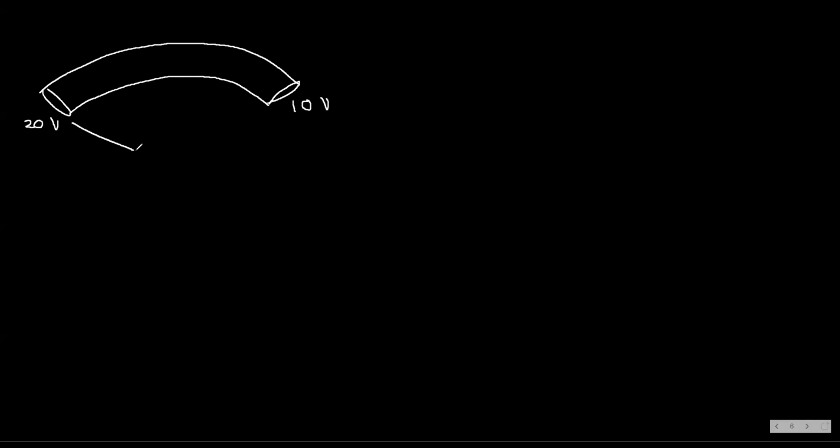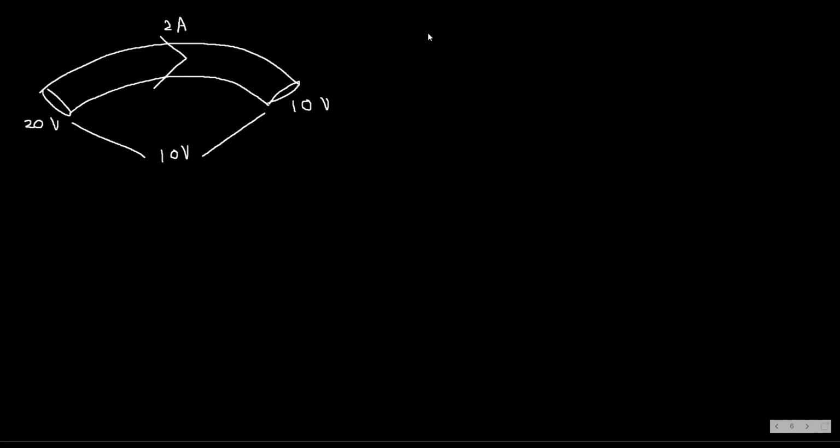Can anyone tell me what the voltage difference is? It's 10 volts. And when I apply a 10 volt voltage difference to this conductor, there is 2 ampere current passing through that conductor. What is the resistance?